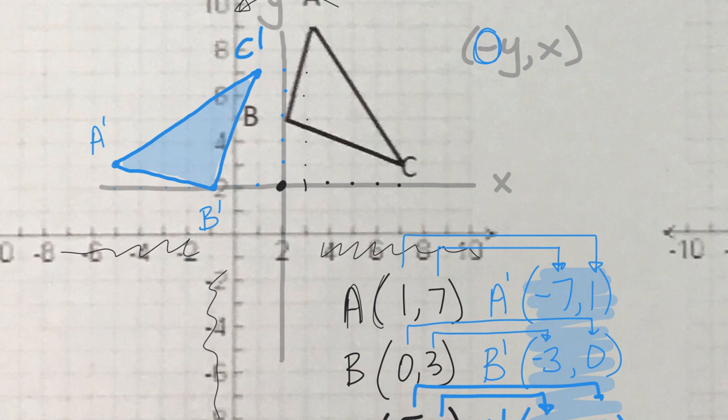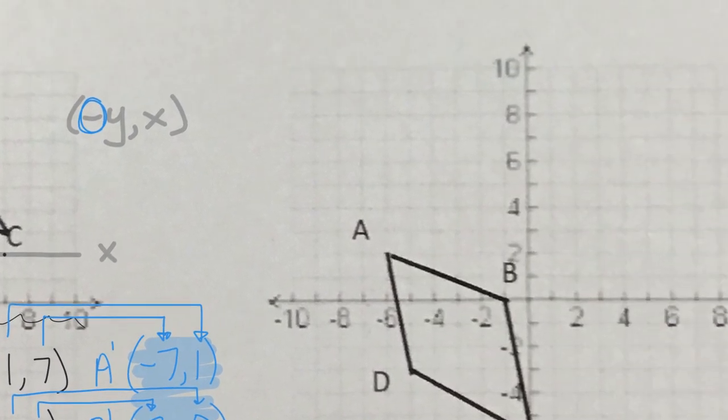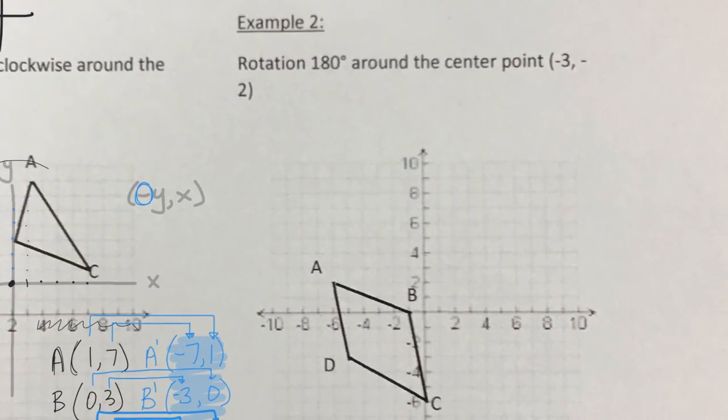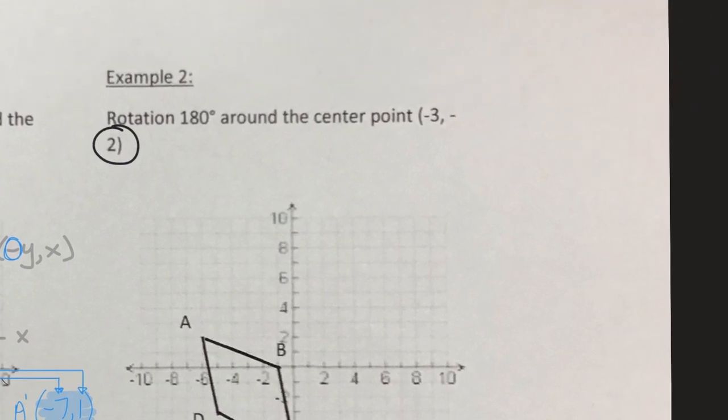So let's see if we can continue that on this second example right here. We have a 180-degree rotation around the central point (-3, -2). Sorry, this goes with our point up here. It just didn't quite make it onto my slide. (-3, -2) is our new center for a 180-degree rotation.